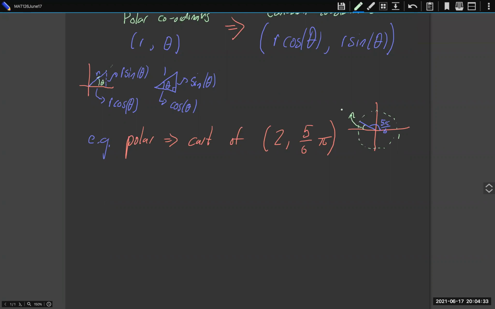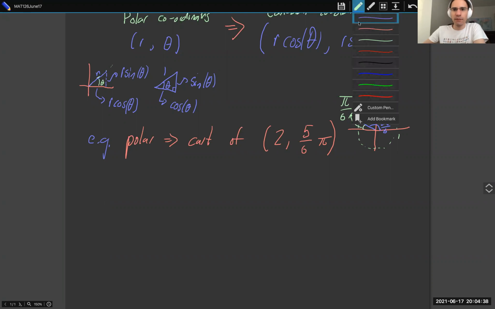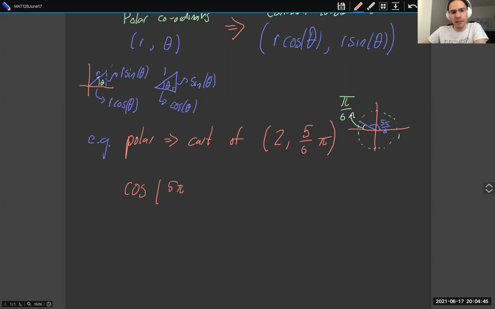Pi over 6? Exactly. And so then if I look at, for example, the cosine of 5 pi over 6, it's going to be negative, right? Because if I look at these projections, then this negative length right here is going to be the cosine. But we can also write that as minus the cosine of what angle instead?